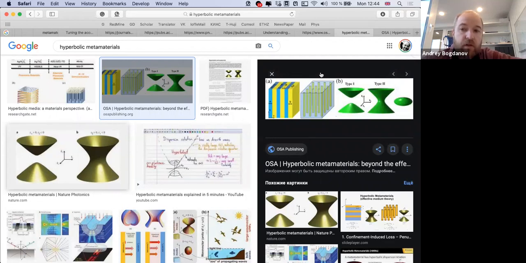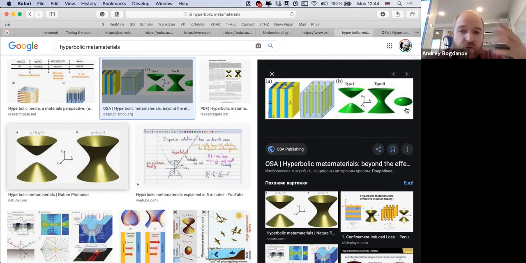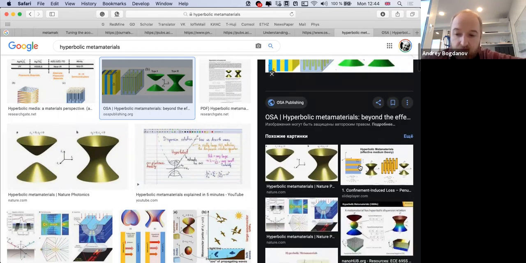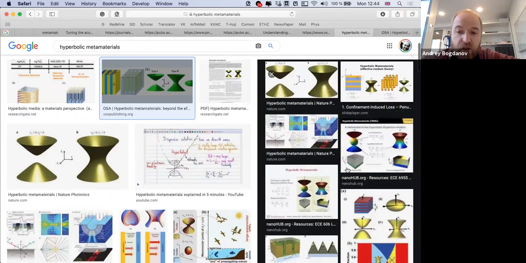It means that for dielectric, this surface is an ellipsoid or sphere, and its surface area is finite. But for hyperboloid, surface area is infinite, and this is the main difference.